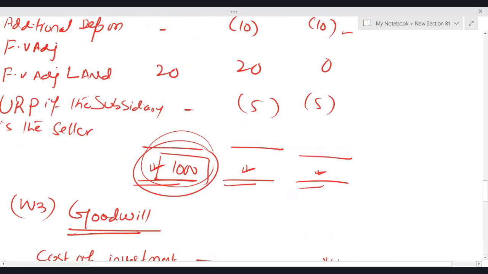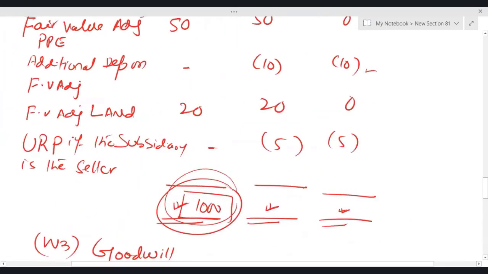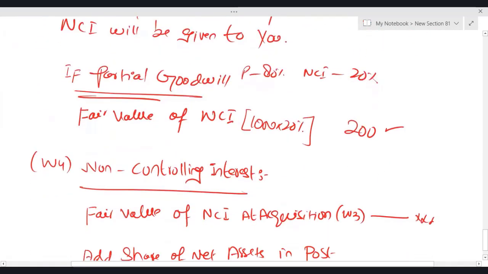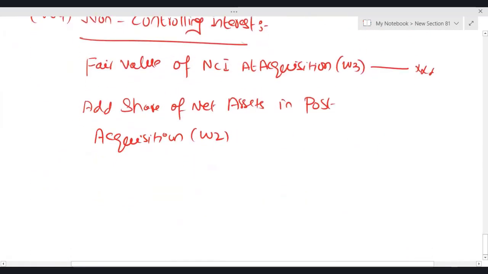In working 2, I'm just assuming, please, that this last column has a value of $100 million. Let's say parent's holding is 80%, so NCI holding is 20%. So the post acquisition net assets have increased by 100 million. So definitely 20% of this belongs to NCI.